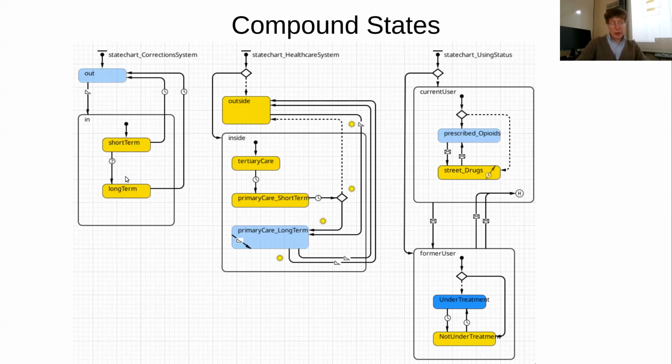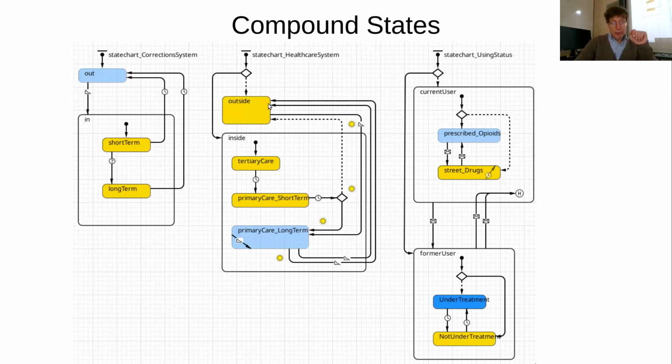Under certain conditions, I go to long term. Maybe I start in police detention and then I may be placed in it for the long term. But you can also have entry points into it from outside, say this one with respect to the healthcare system, that can place me into a certain state in that compound state.